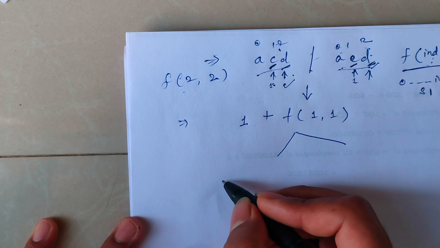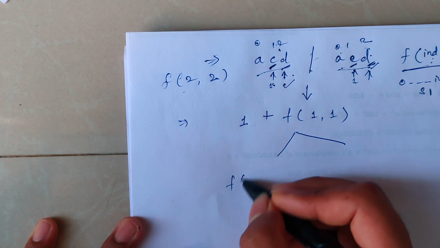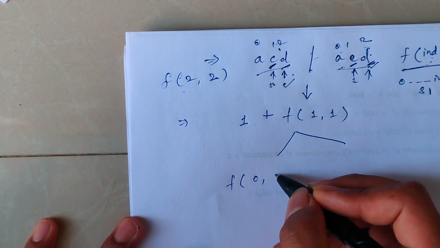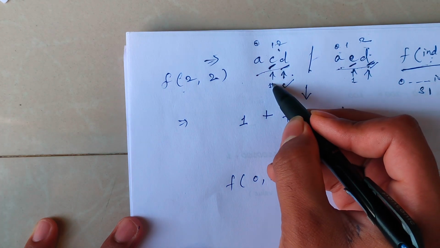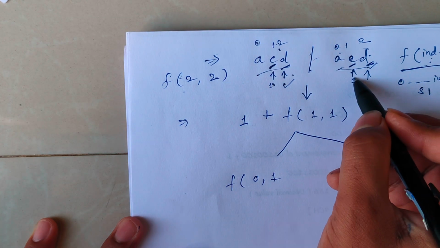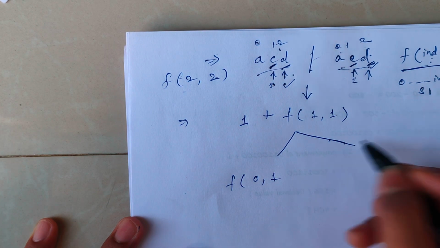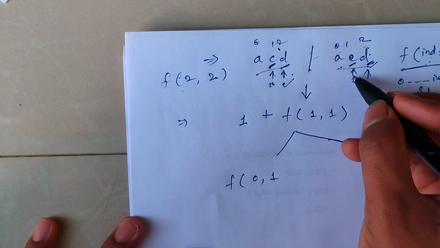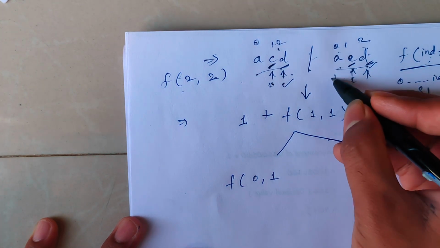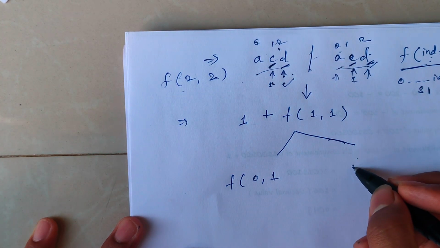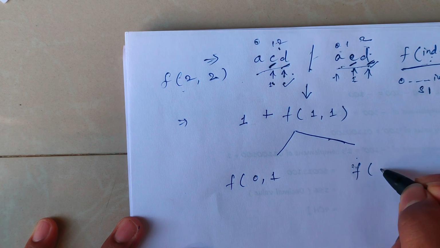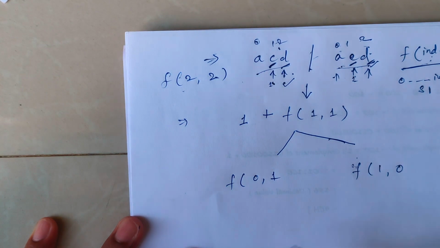So this would be f of 0 and 1. We shifted only this pointer, not this pointer. And the second exploration could be we shifted this pointer at 0. So it would be f of 1 and 0.